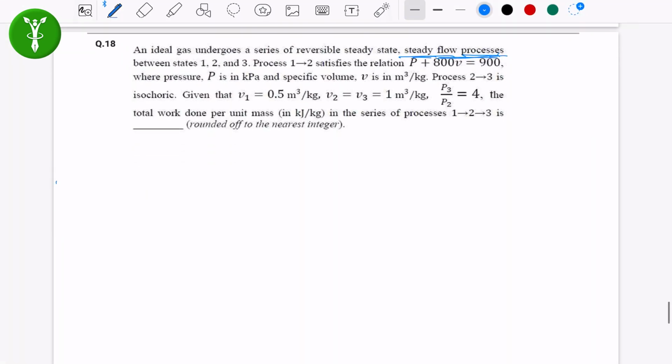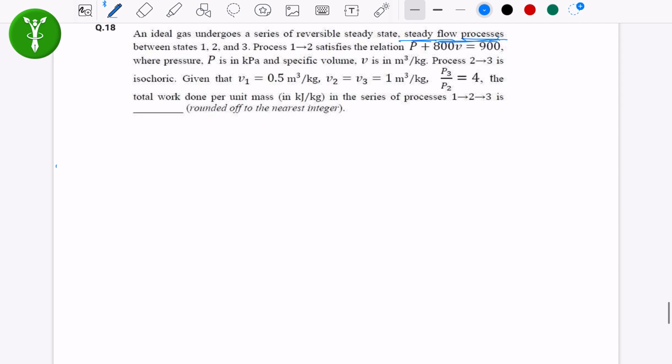So this is our question number 18. This is a nice question. You have to pay attention here to this term, steady flow process. For a steady flow process, work done is given by minus integral of VdP. So this formula you have to use.